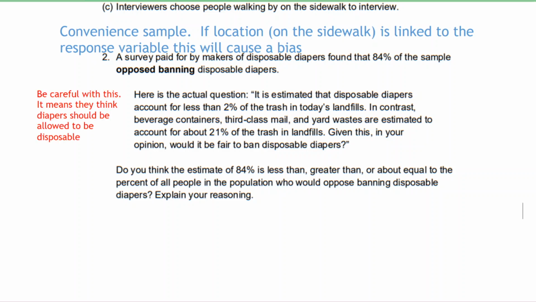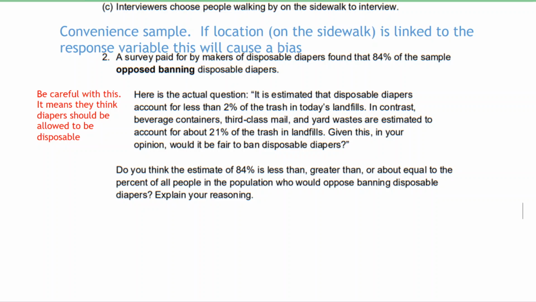There's a note here that says, be careful with this. This survey means that they think diapers should be allowed to be disposable. So that extra information is going to lead the responses, and that's going to produce a bias.